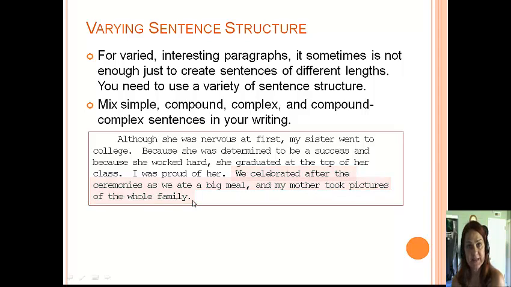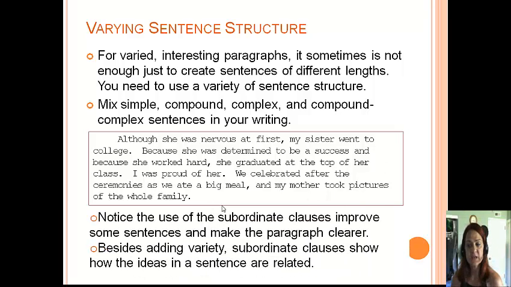Compound complex. Okay, so it changes the nature of your style if you use a variety of sentence structures. Notice the use of the subordinate clause improves some sentences and makes the paragraph clearer. And besides adding variety, subordinate clauses show how the ideas in the sentences are related.